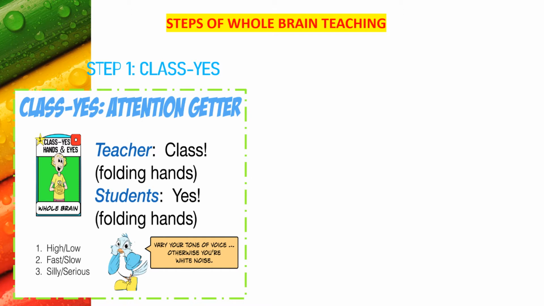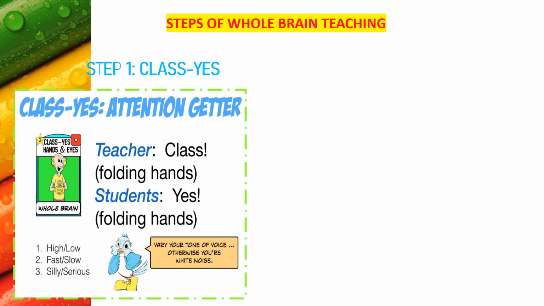That is the class yes phase or class yes step, where the teacher comes to the class and, to gain the attention of the students, the teacher says class, and all the students mimic the voice of the teacher. They fold their hands, sit straight and reply yes.